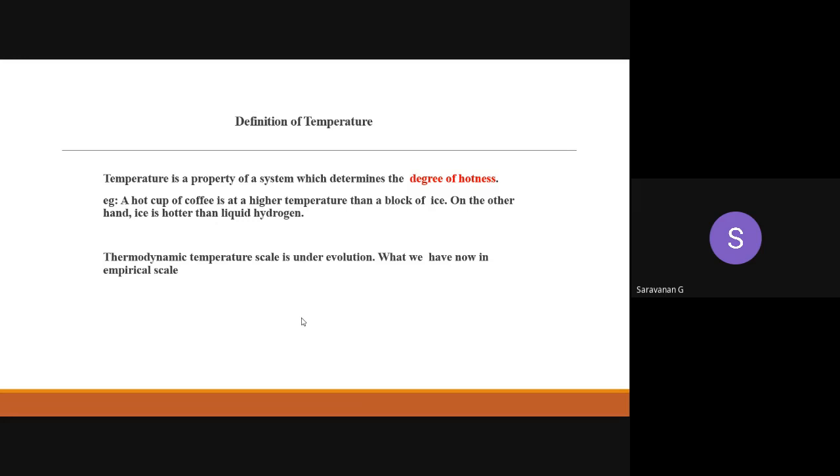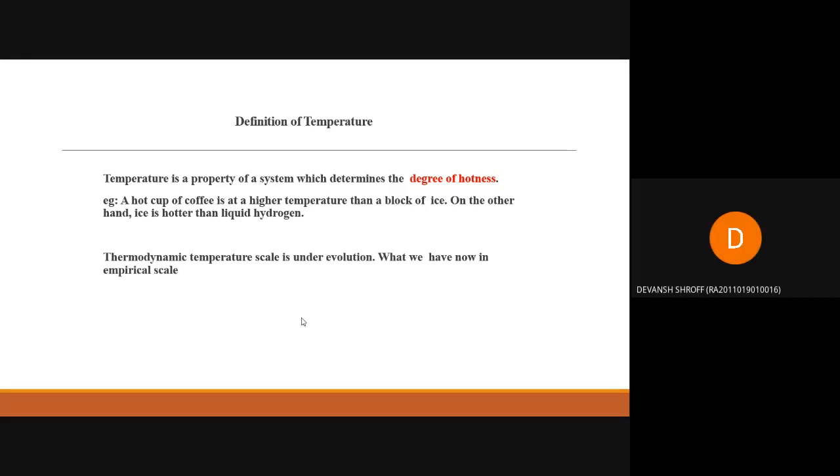What about temperature? Is it an intensive or extensive property? Is it dependent on mass or independent of mass?